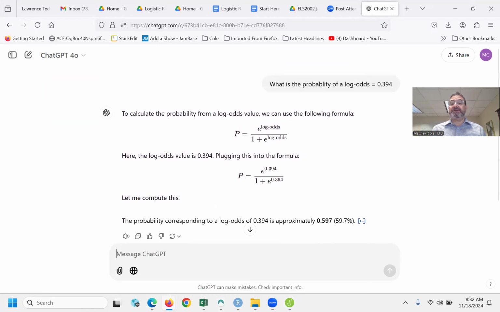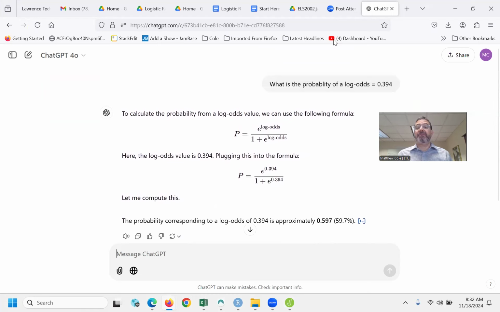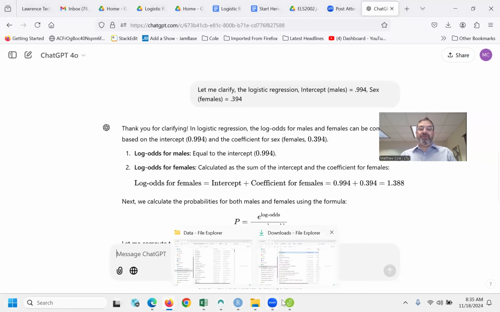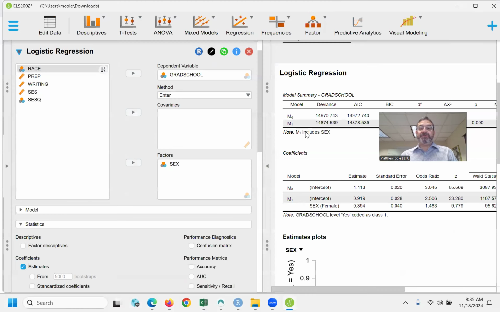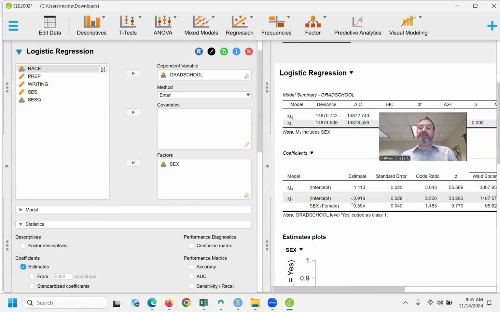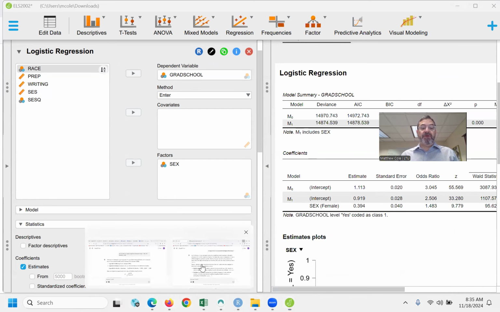So let me see. Why did that do that wrong? Okay, I see what I did wrong. So that was correct if we were just saying 0.394, but really the way that you need to do it is first you start with the males, which is 0.919, and then females would actually be 0.919 plus 0.394.